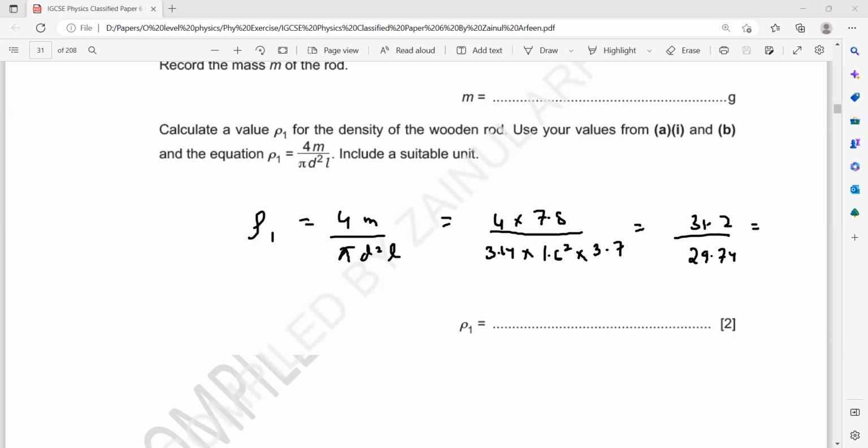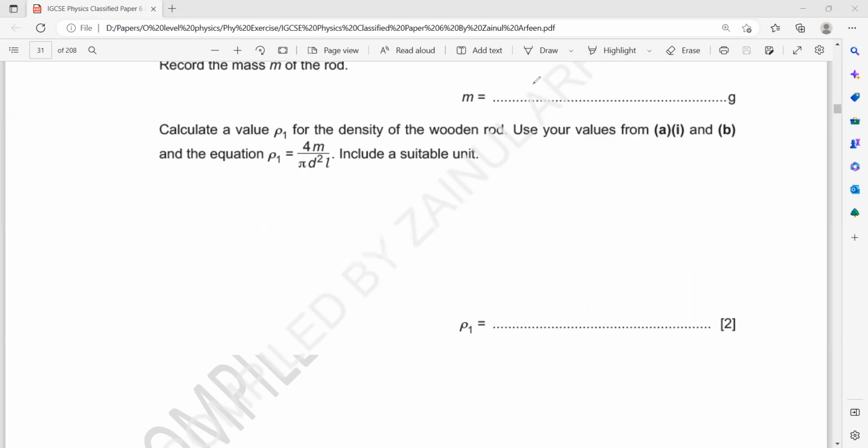And when you divide 31.2 by 29.74, that will give us the density, which is 1.05. The suitable unit, as I mentioned in the beginning, is gram per centimeter cube. Why gram? Because the mass was in grams and the length dimensions were in centimeters.